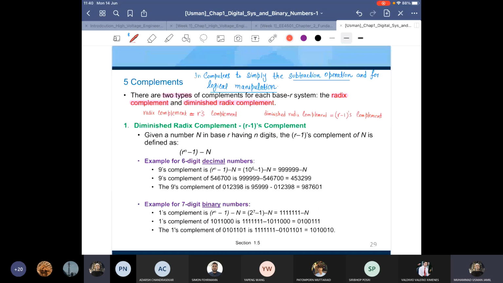So these are the two methods: radix complement and diminished radix complement. The first one is called R's complement. The second one is called R minus 1's complement. Now there are different steps for finding the R minus 1's complement and R's complement. Therefore, first we will study diminished radix complement.